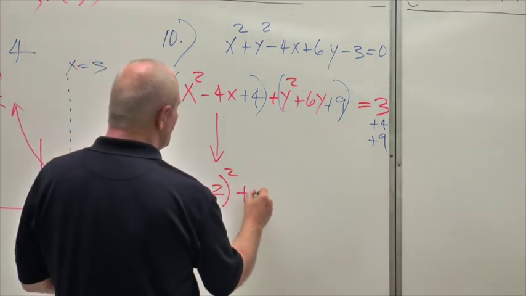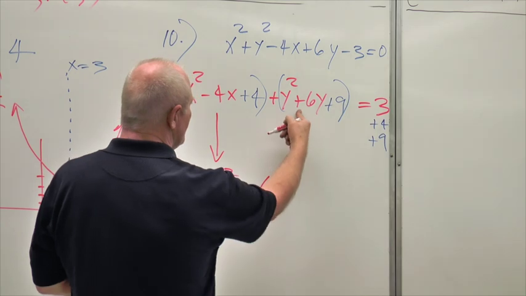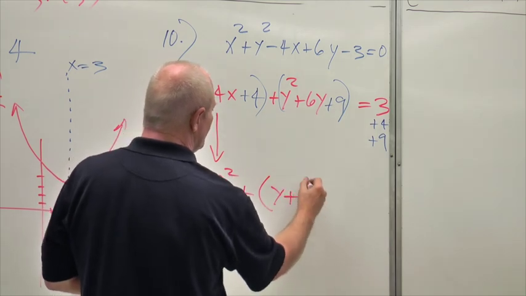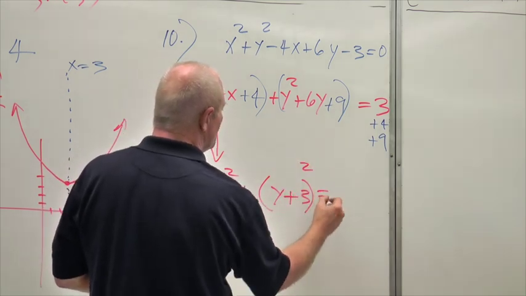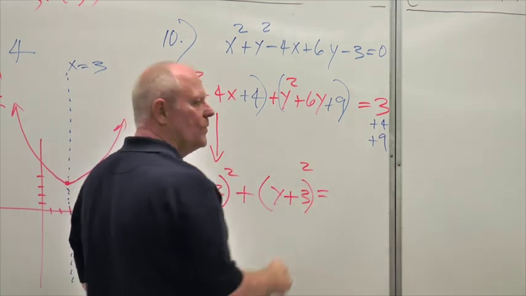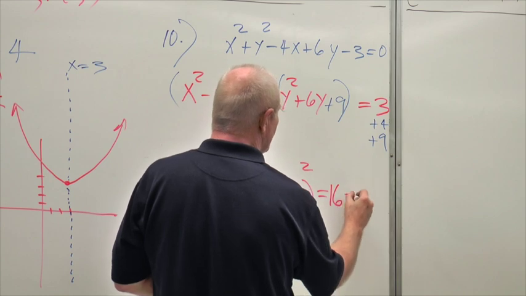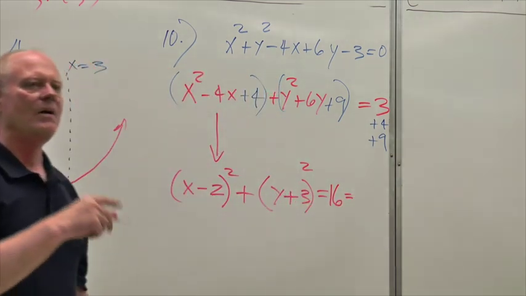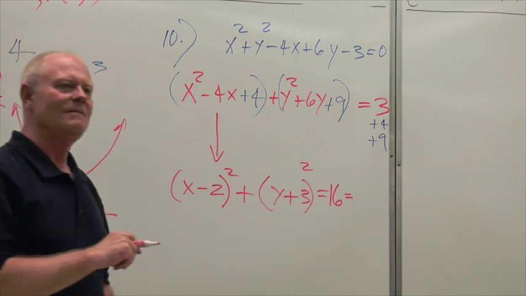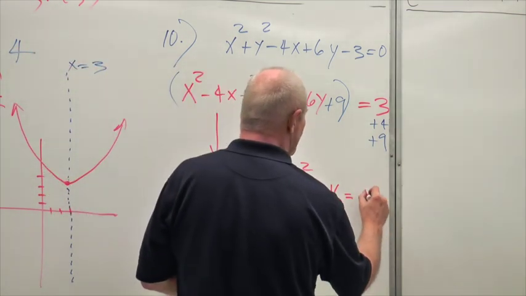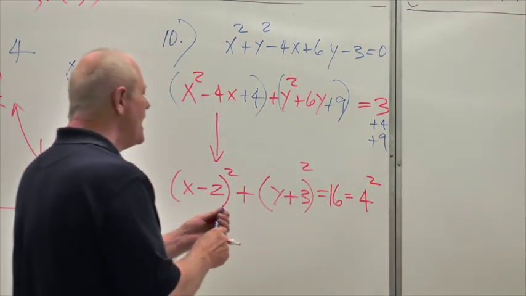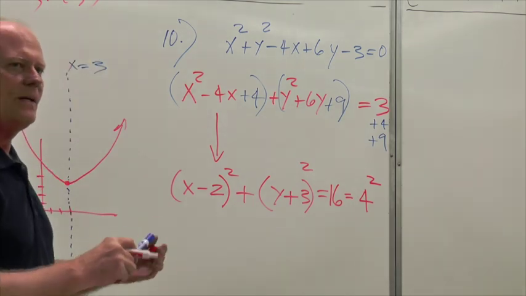The plus y plus 3, very good, squared equals what? 9 plus 4 is 13, plus 3 is what? 16, right? But what's another way of writing 16? 4 squared.